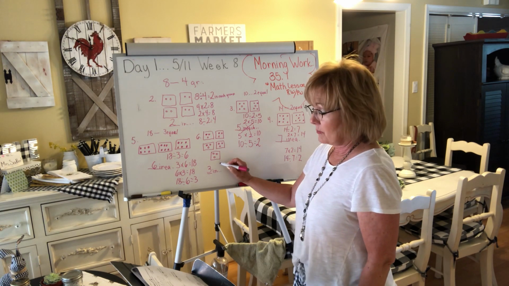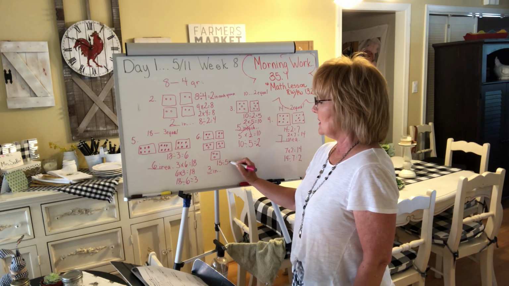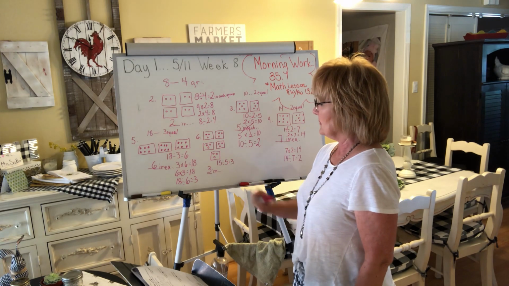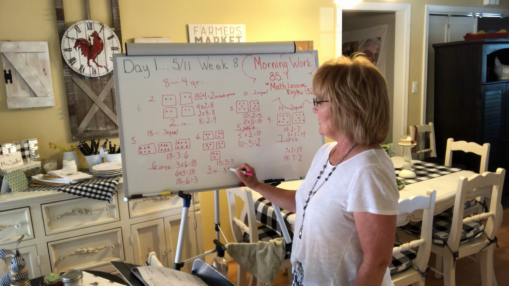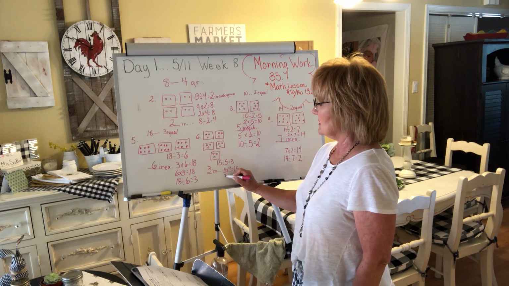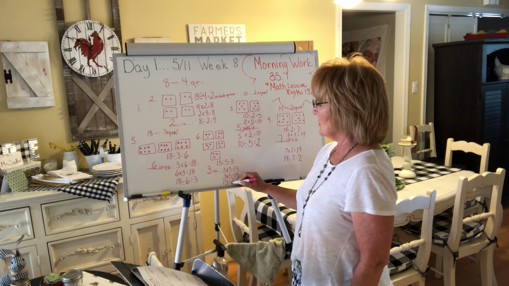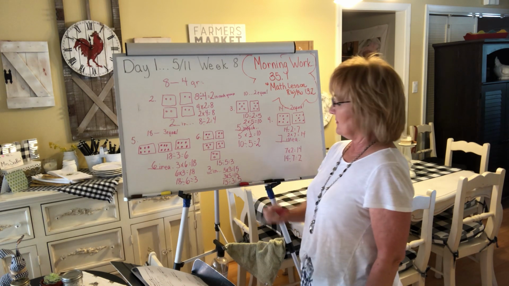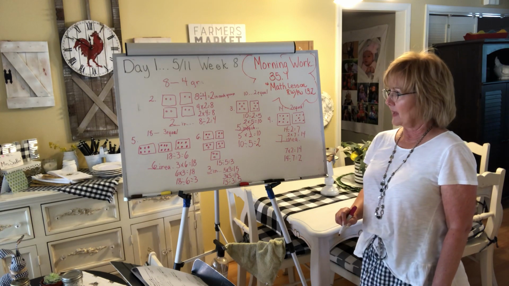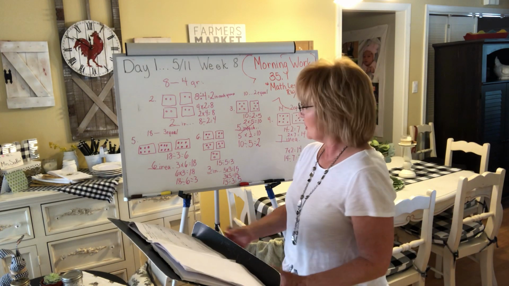So now we know that 15 divided amongst 5 groups will give you 3. We also know that 5 3s gives you 15, which means 3 5s would also be 15, which means 15 divided into 3 groups would give you 5 in each group. Okay? So, problem solving.